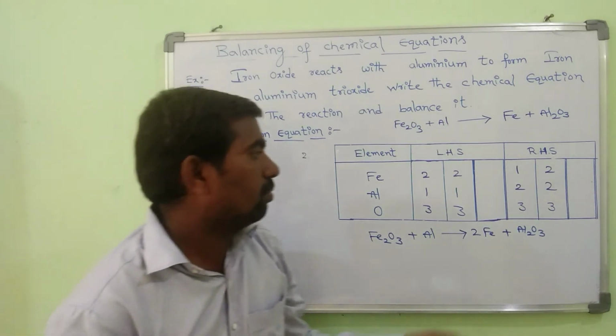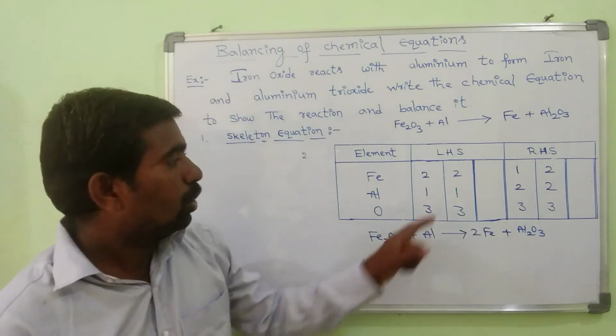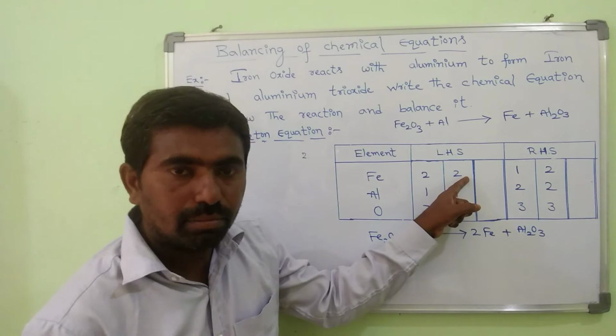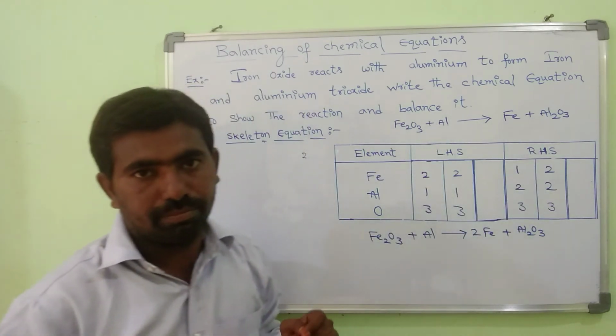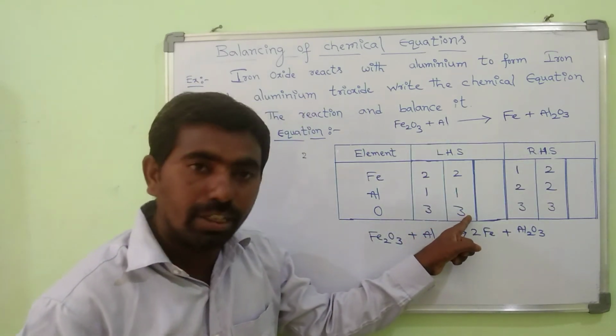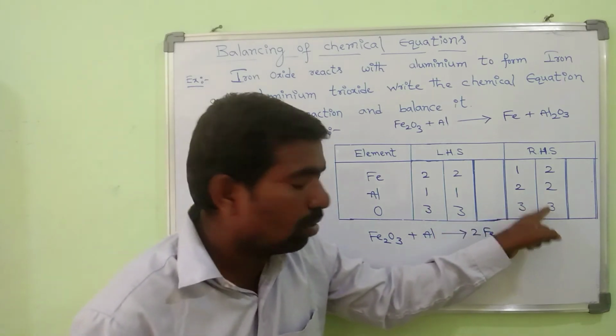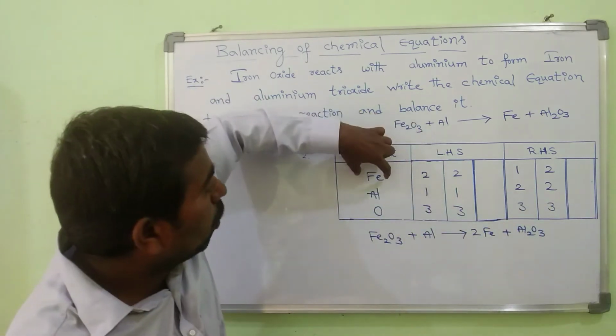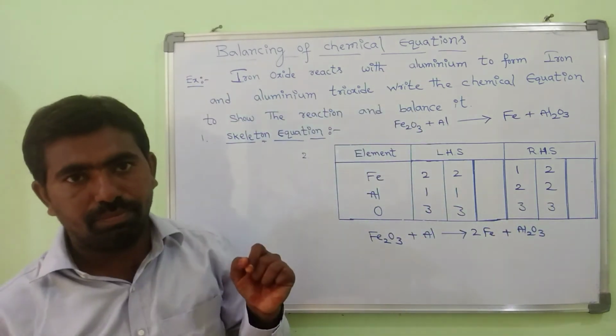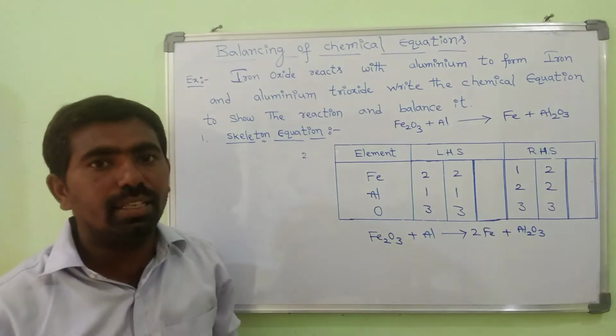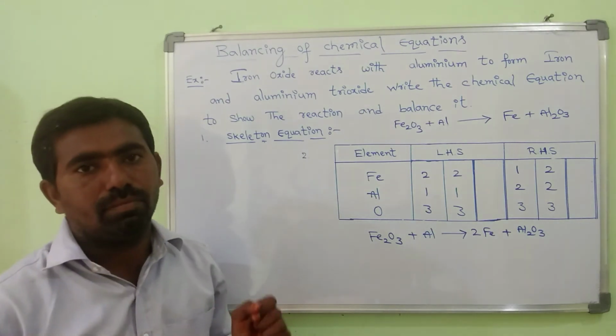So iron atoms 2 in the left side, right side also 2 are there. Oxygen atoms 3 in the left side, in the right side also 3. So both of these elements are balanced. Now only one remaining element is there, we have to balance that one.